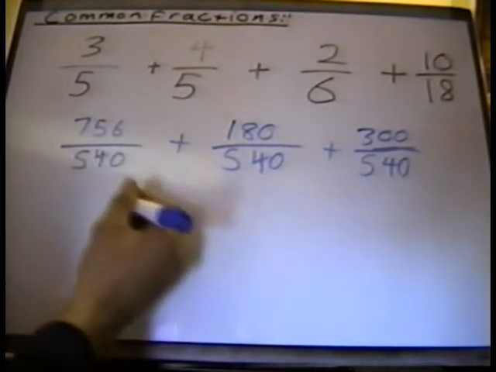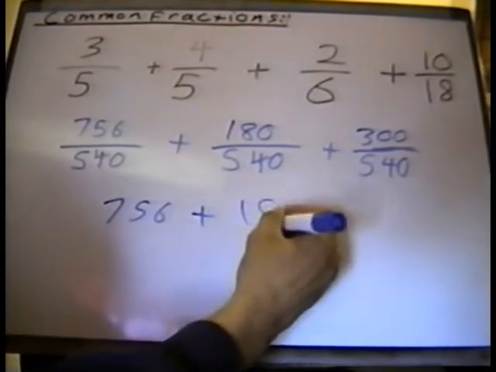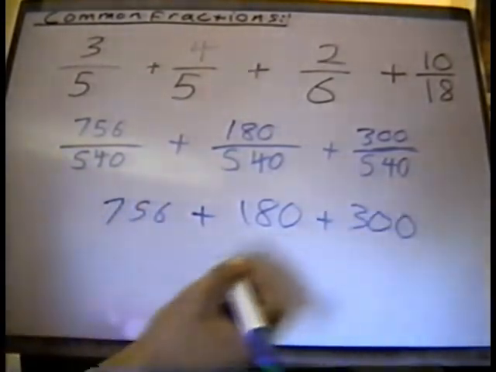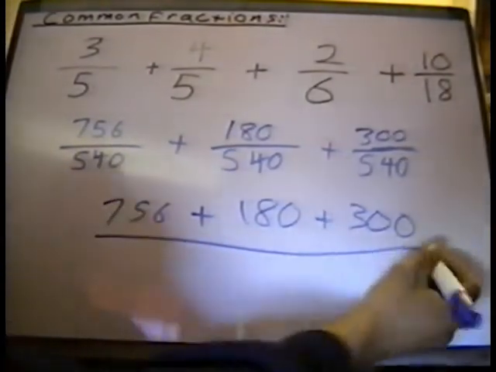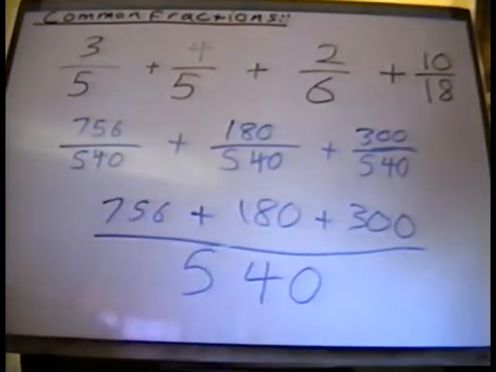Now here, we're going to get 756 plus 180 plus 300 over 540. Okay?